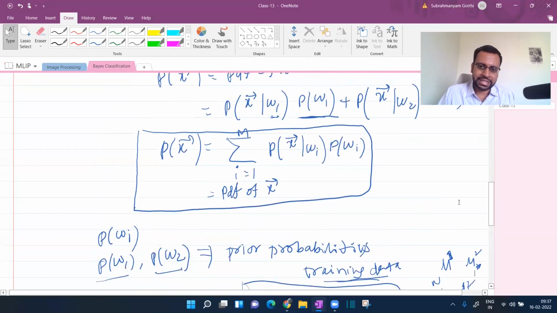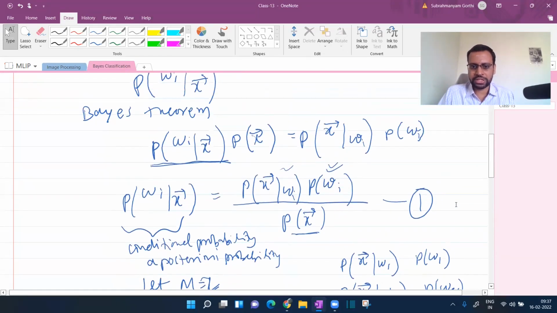Now again, let's come back to the basic first equation. You know the probability of X bar given omega i. You know the probability of omega i. If you know all these three, you could compute this. And here, by varying omega i, this would vary. First you compute the probability of X bar given omega 1 and the probability of omega 1.